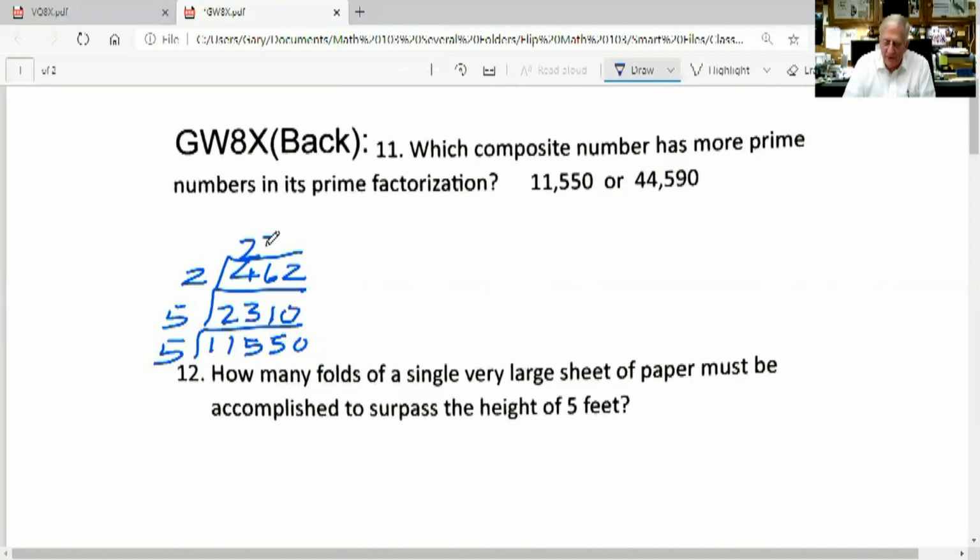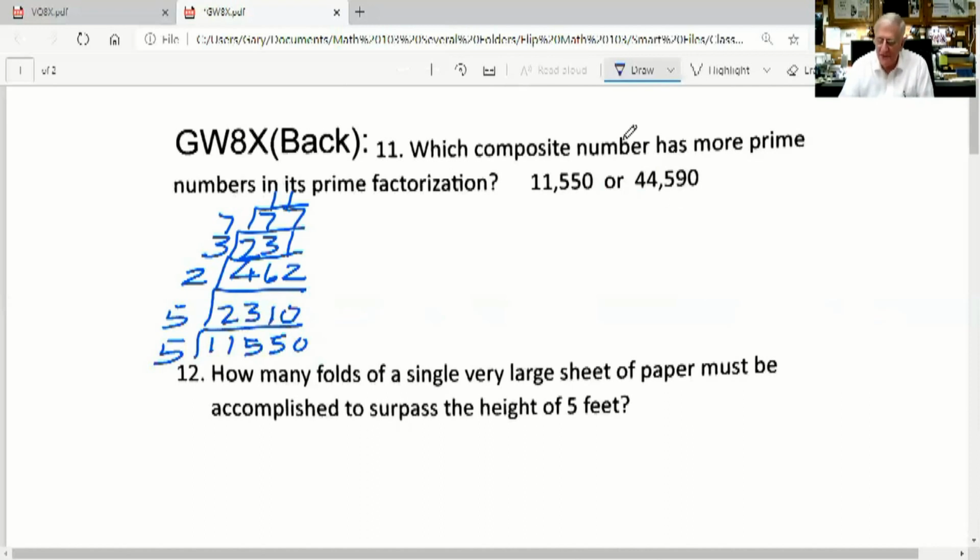So I get 231. Well, 231 is not divisible by 2, but it is divisible by 3. And when you divide by 3, I believe you get 77. And of course, 77 is divisible by 7. So now my top number, 11, is a prime.